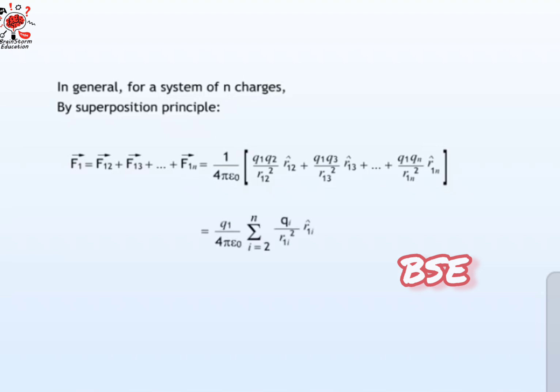So, by the superposition principle we get F1 vector is equal to Q1 divided by 4 pi epsilon naught into the summation of i from 2 to n Qi divided by R1i squared into R1i cap.